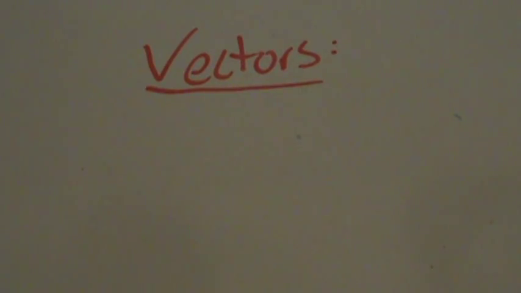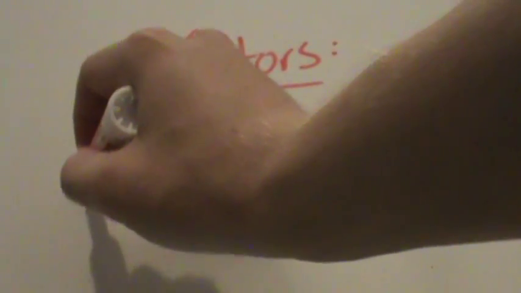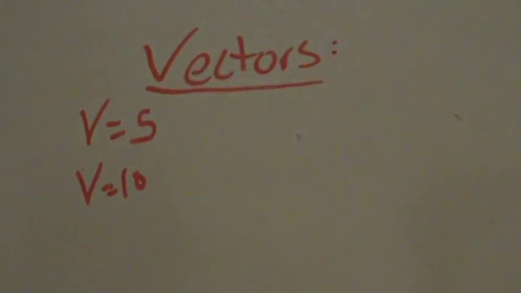When we denote vectors, we denote them as a variable. Now, typically, when we have variables, we set them equal to numbers like v equals 5 or v equals 10 or something like that. Well, these are scalar quantities. As vectors, we denote them as something different.